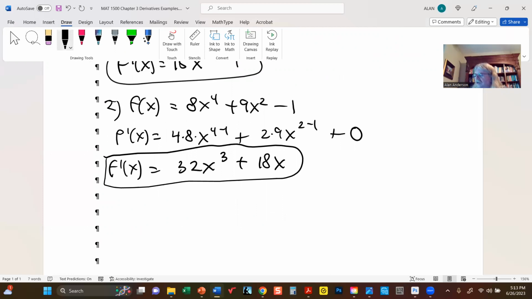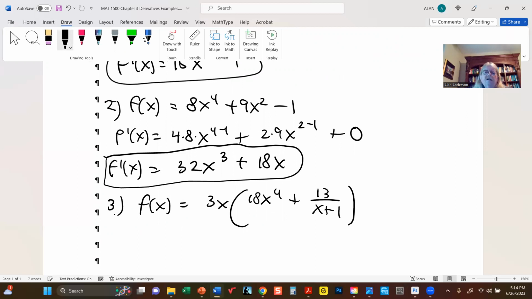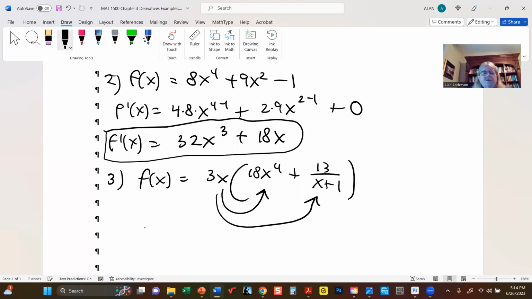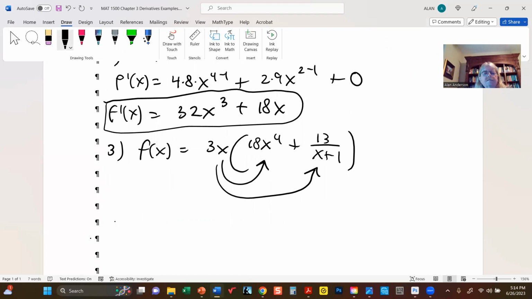All right, number 3. Now this one is a little bit trickier. This one could potentially be a real mess. What you should probably do is try to simplify this expression as much as possible before you apply the rules. So let's just do this. Let's distribute 3x over these two terms. When you multiply 3x by 18x to the 4th, you get 54x to the 5th.